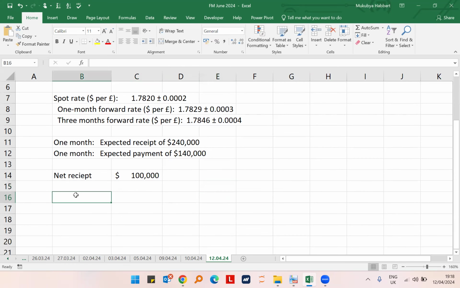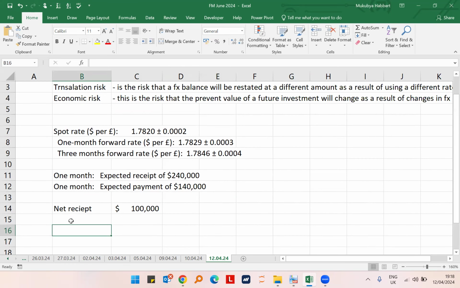So now we can say receipt in 1 month, and then receipt in 3 months. So receipt in 1 month is going to be how much? Now what you need to realize is that the base currency is the pound.